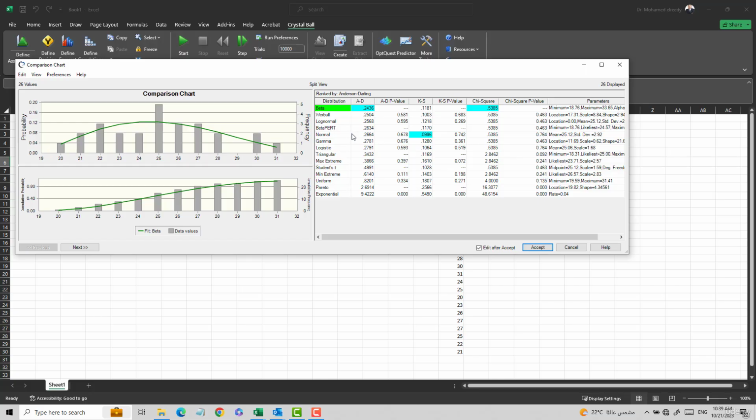It mentions by this number that the beta distribution will be the best probability distribution that matches your data. According to Anderson-Darling, it is 246, which is the lowest number. Here KS is 118 and chi-square is 5385.